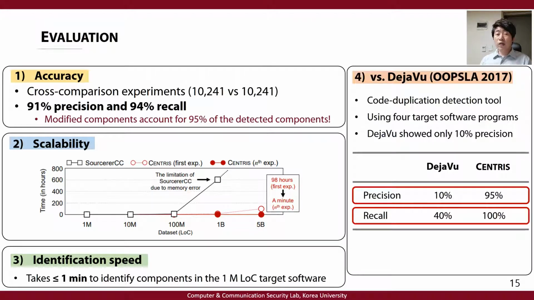Lastly, we compare the component identification result for 4 target software programs to that of DejaVu. Since DejaVu did not consider nested components and heavily modified components, it showed only 10% precision and 40% recall, while CENTRIS shows more than 95% precision and recall.